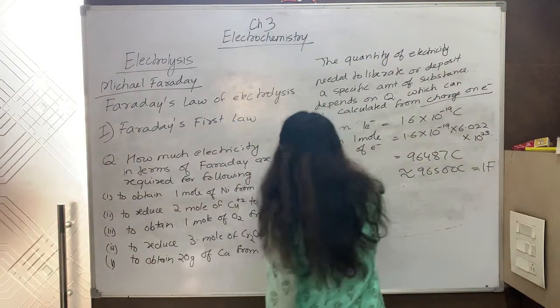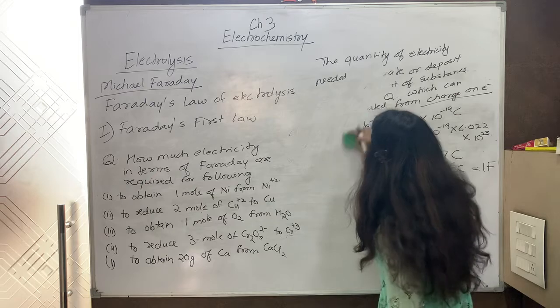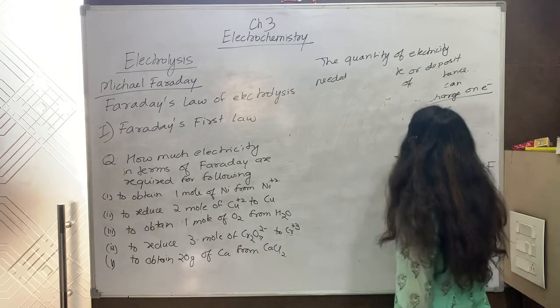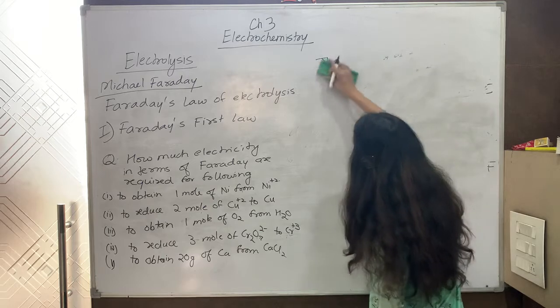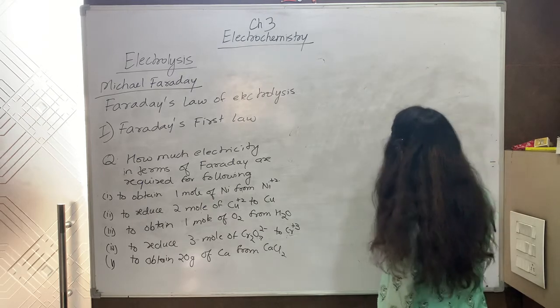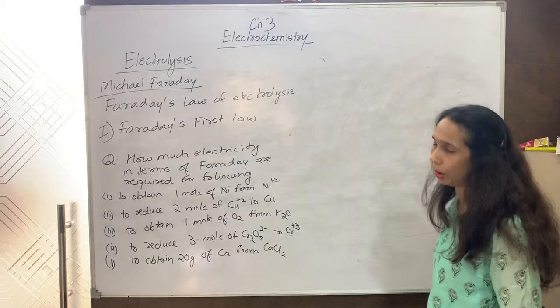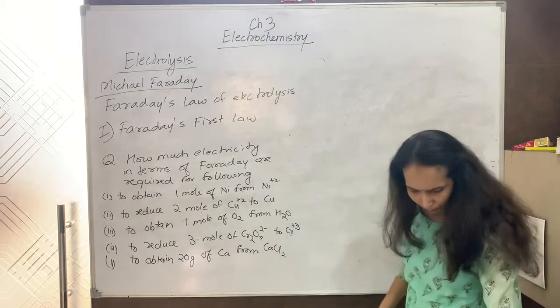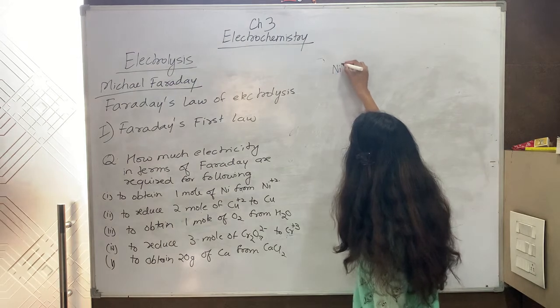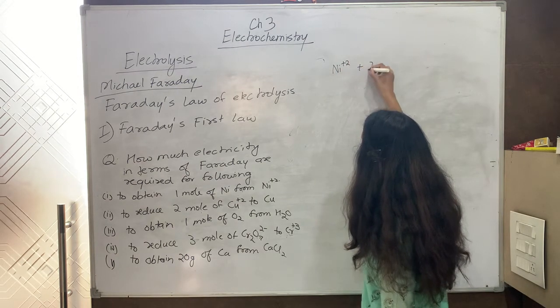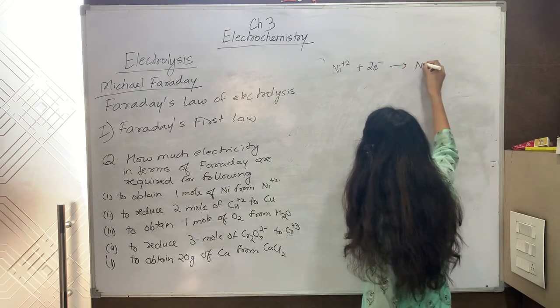First one. To obtain 1 mole of nickel from Ni+2. You have to remember, charge on 1 mole of electron is what? 1 Faraday, 96500 coulomb. Ni+2 plus 2 electrons will give nickel. First I have to write the reaction.